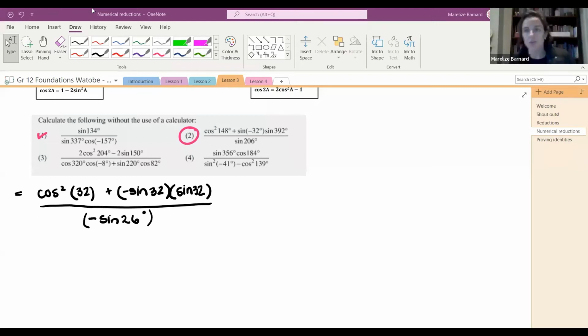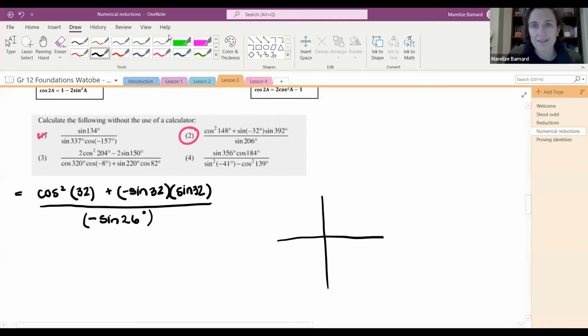Right, let's have a look. So we've got cos squared 148. Let's draw our quadrants. See, some of you got answers. Wonderful. Let's see. So cos of 148. So 148 is in the second quadrant. So we reduce it.